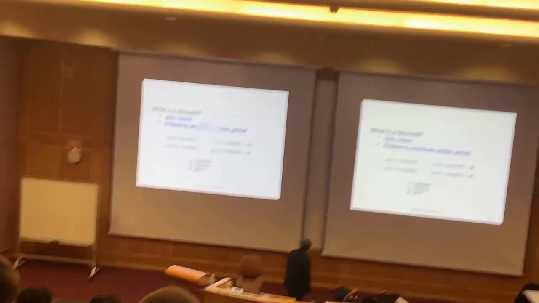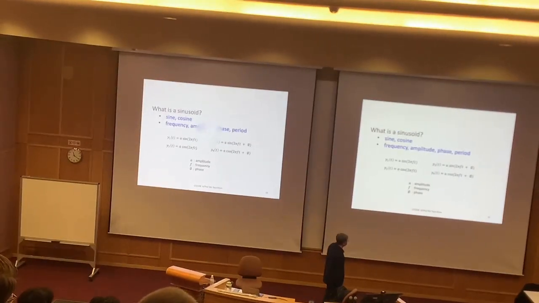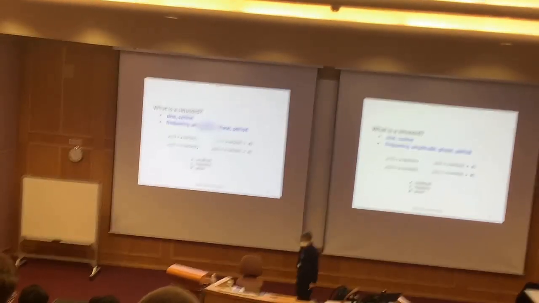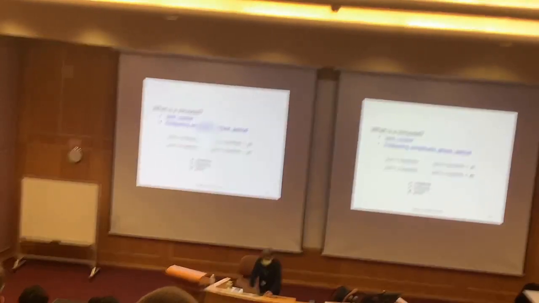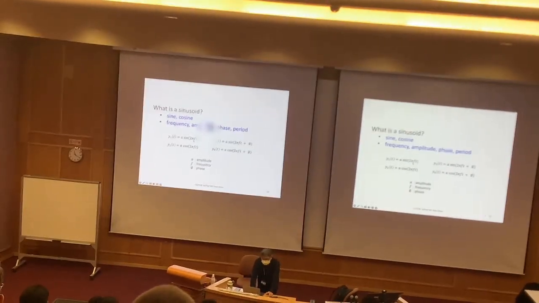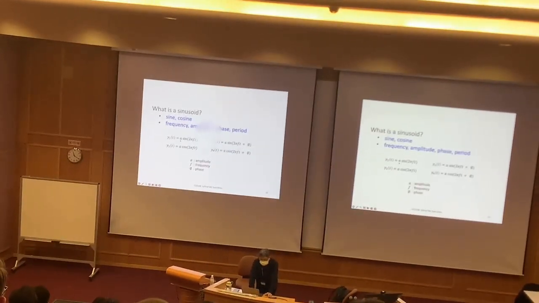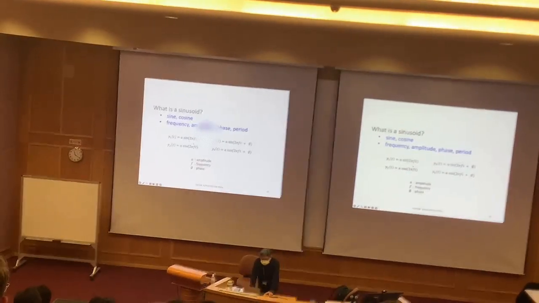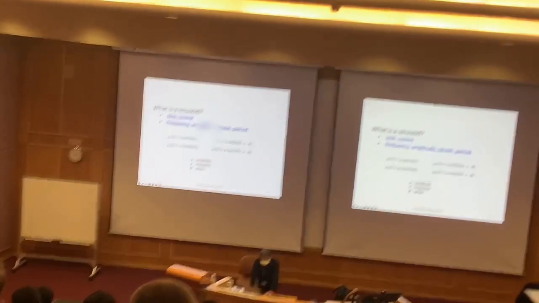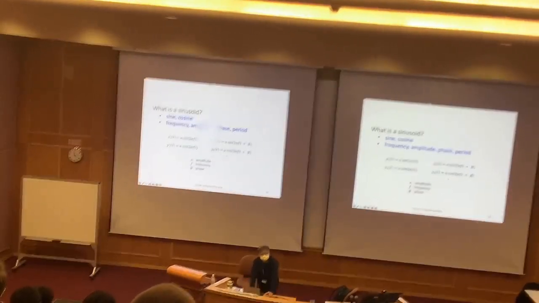What is a sinusoid? A sinusoid is sine and cosine, and what defines a sinusoid is frequency, which is the F here, the amplitude, which is the A here, and phase, which is this here. So you can represent a shifted sine or a shifted cosine, understand?